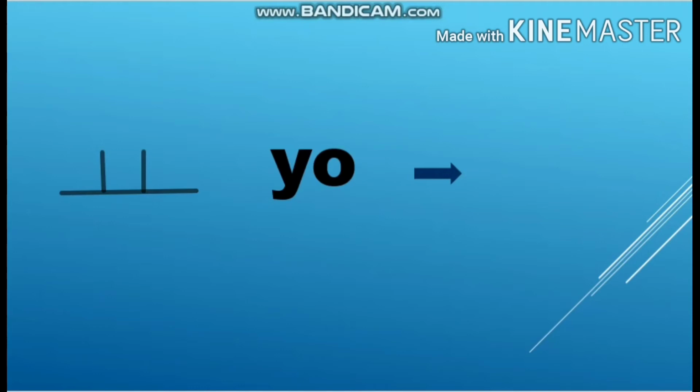The next one is yo. Earlier we saw o. You just need to add one extra line and it will become yo. For this you have to draw first one line from top to bottom, then next to that one more line from top to bottom, then left to right.